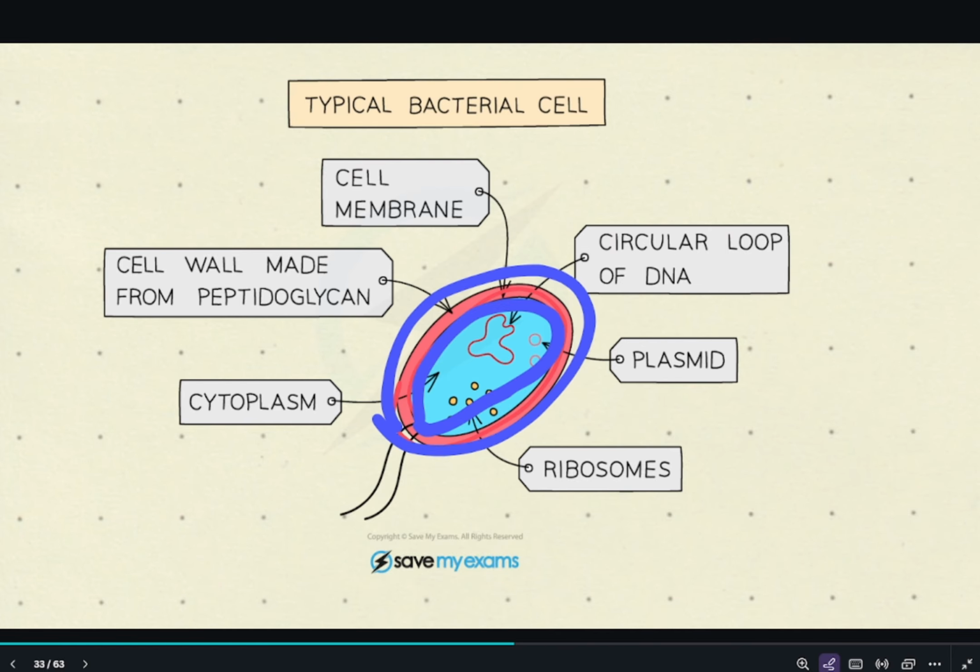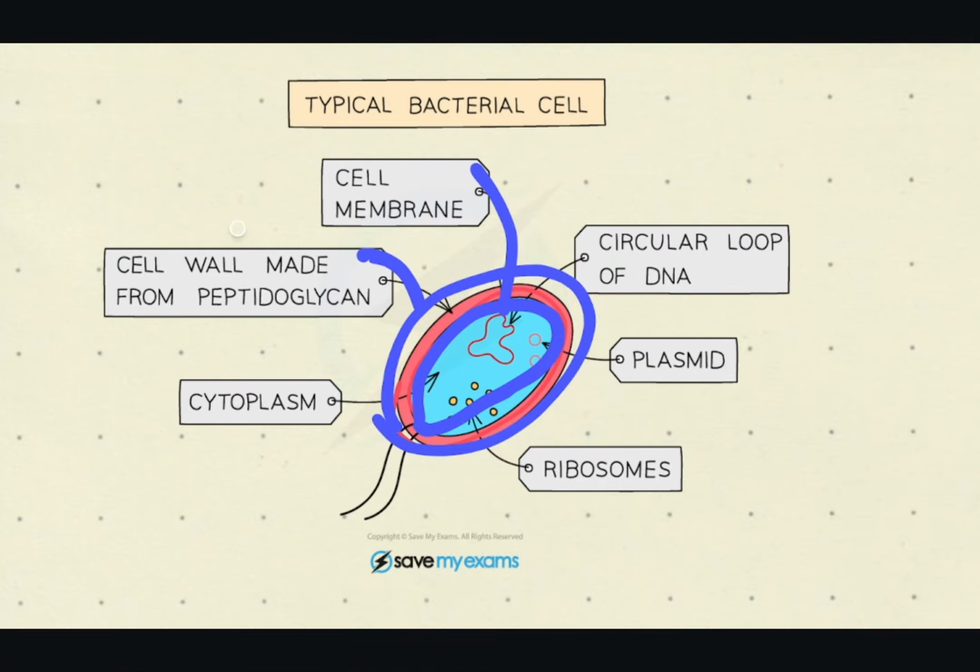Again, the inner one is the same as the cell membrane, shared by the animals, the fungi, and the plant cells. But over here, you guys also see that they have a cell wall, right? Just like fungi and plants, a bacterial cell, a prokaryotic cell, also has a cell wall. But what's unique about this cell wall?